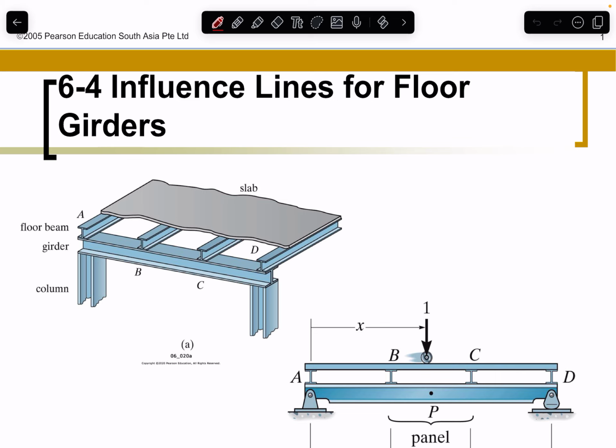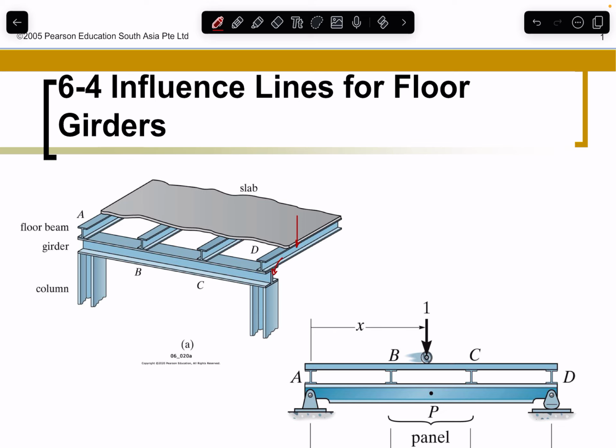Normally loading from the slab will transfer to the floor beam. All the loads from the slab, typically the self weight of the slab and any loading on top of the slab, will be transferred to the floor beam, and then to the girder.